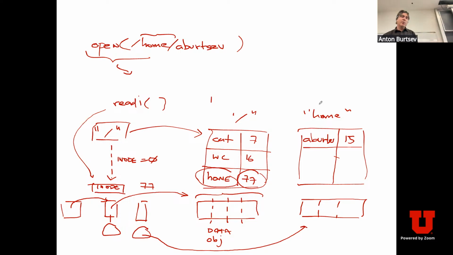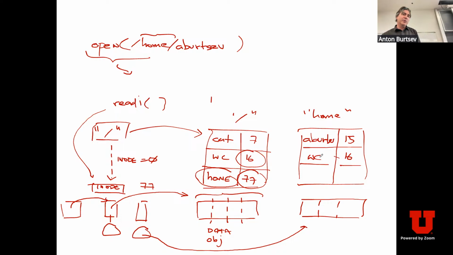And so obviously the mapping can overlap. So maybe inside home, we also have WC, and it will point to the inode 16 again. And this is called creating a link.